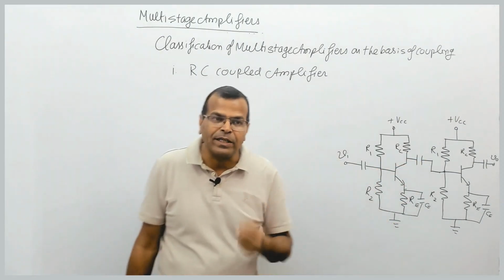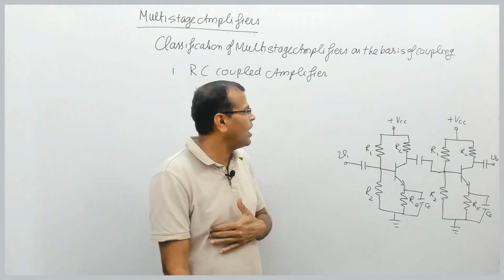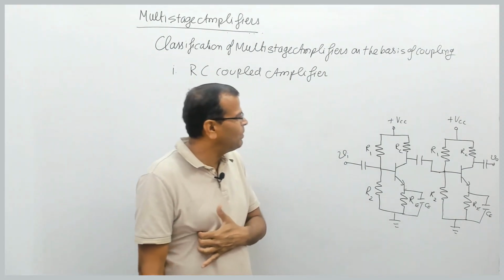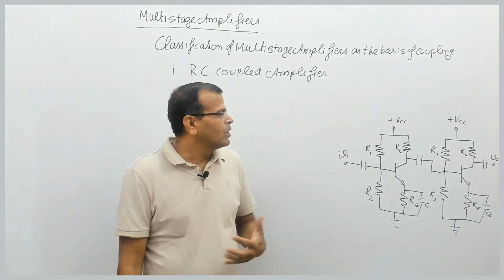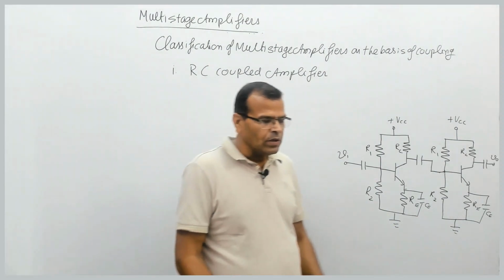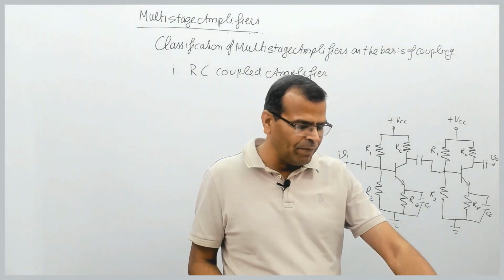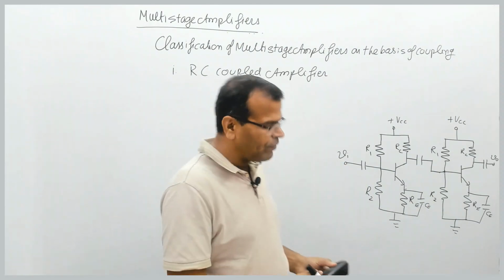So it is compact in size, inexpensive, cost is not that high, and simple in construction. Fine. So you should remember the advantages of the RC coupled amplifier pinpointedly because this can be important from the examination point of view.